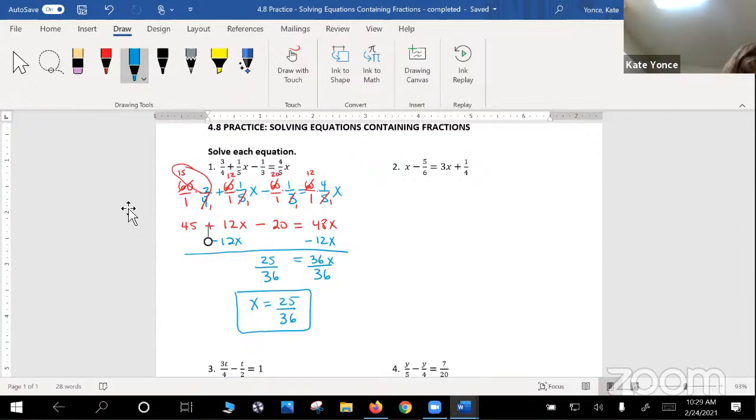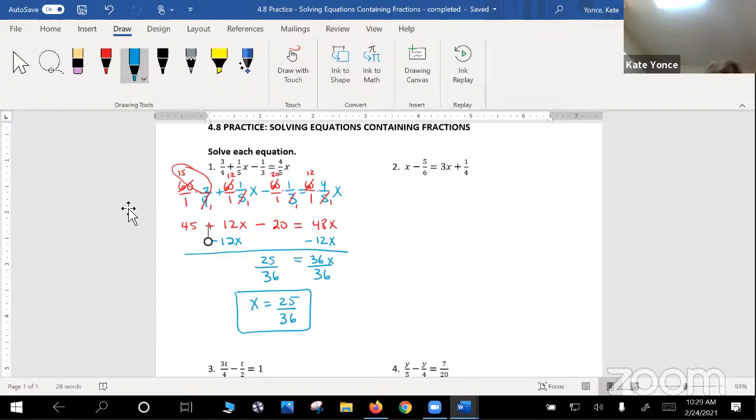So the first one would be 12x, right? Minus, this becomes a 1. 12 goes into 6 2 times. And then 2 times 5 is 10.